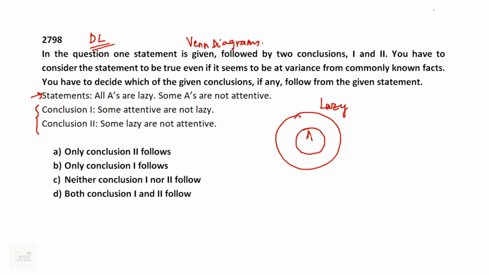These all are A's. Some A's are not attentive. If this is the set of not attentive people, then some A's we can see are not attentive.